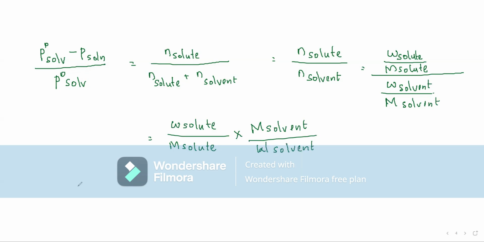This is what we now use for calculating the relative lowering of vapor pressure: W of solute into molecular weight of solvent, by molecular weight of solute into weight of solvent taken. But remember, if your solution is not dilute, then you will have to keep N of solute in the denominator also. You will get more clarity when we do the numericals.